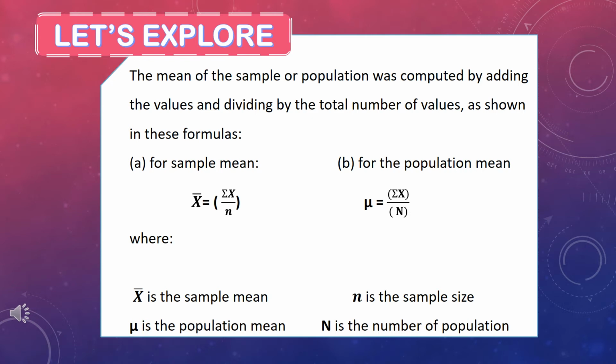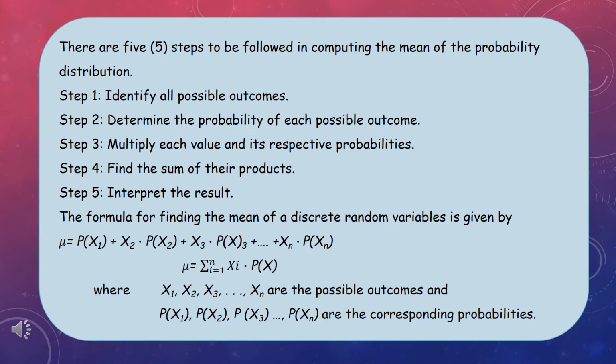Now, let's proceed with the 5 steps to be followed in computing the mean of the probability distribution. So, we use this step para mas madali at alam natin kung saan na tayo. Step 1 is to identify all the possible outcomes. Step 2 is to determine the probability of each possible outcome.